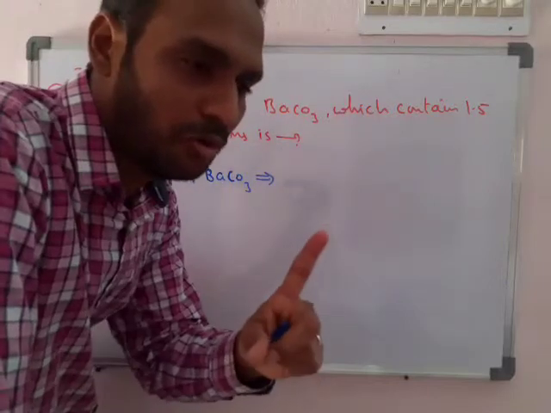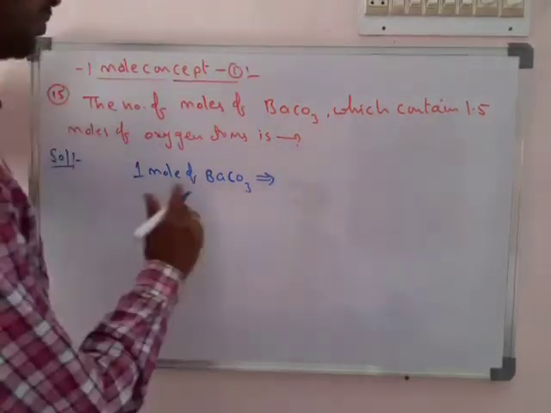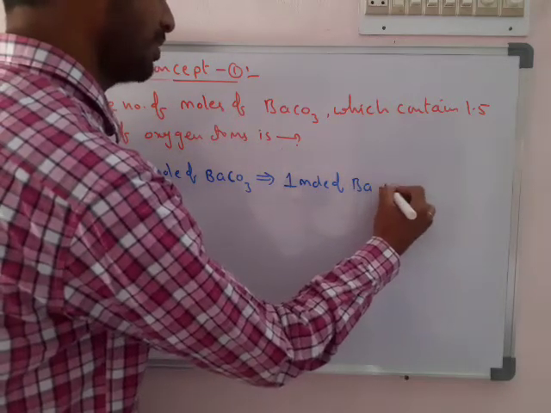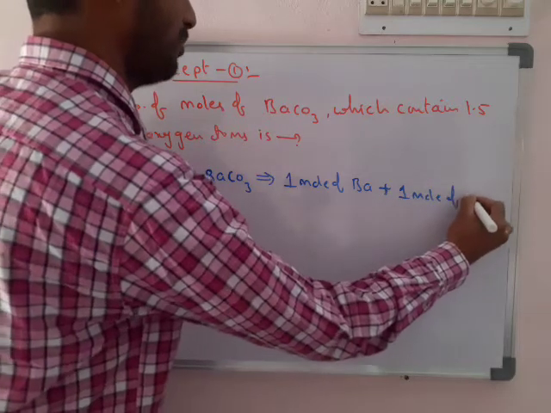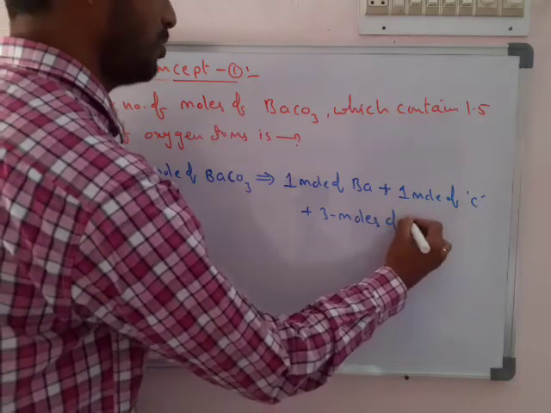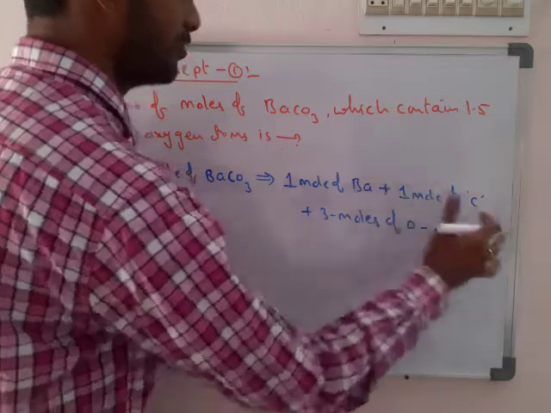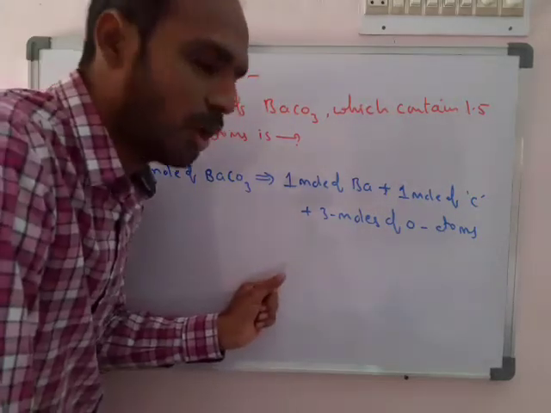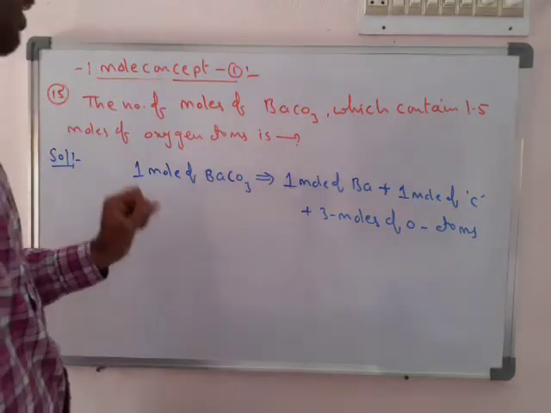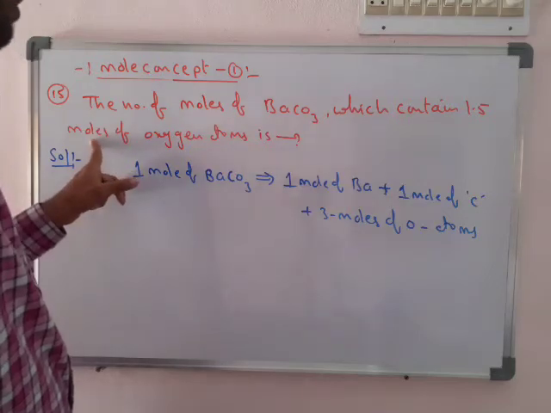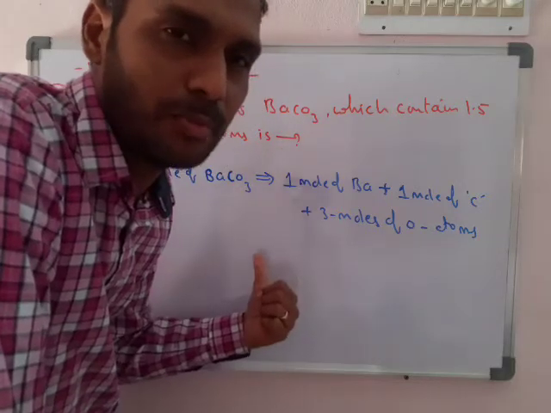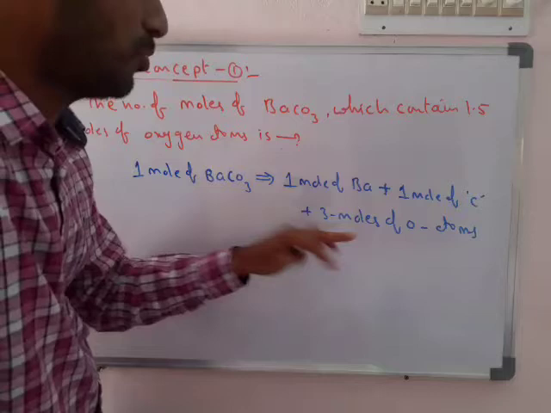So 1 mole of barium carbonate has 1 mole of barium, 1 mole of carbon, and 3 moles of oxygen atoms, written in terms of atoms. Actually here in the problem, it is given only about the oxygens. Sorry, in our problem moles are given: 1.5 moles of oxygen atoms is given, and we have to find out barium carbonate. So 1 mole of barium carbonate has 3 moles of oxygen.